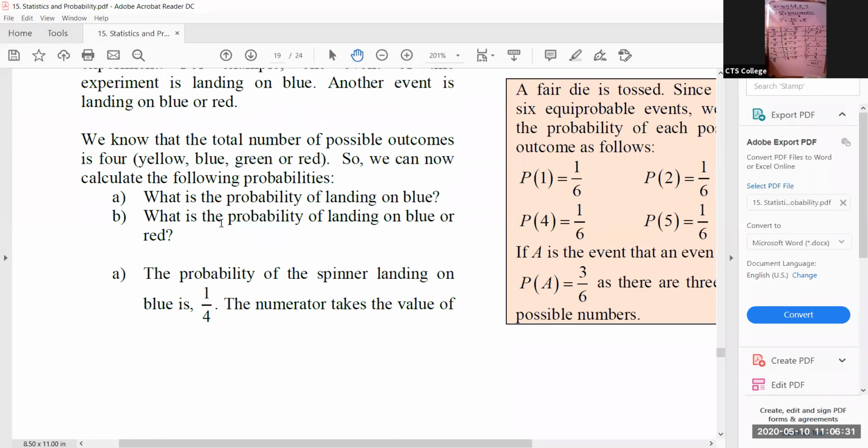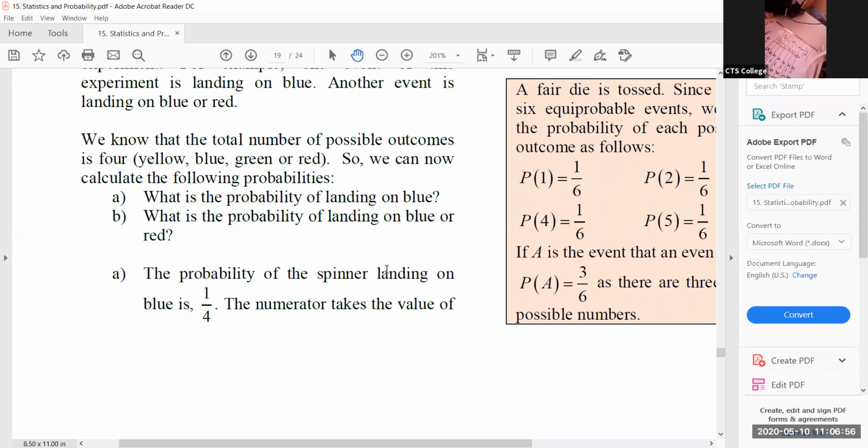What is the probability of landing on blue or red? Anybody? 2 out of 4, correct.